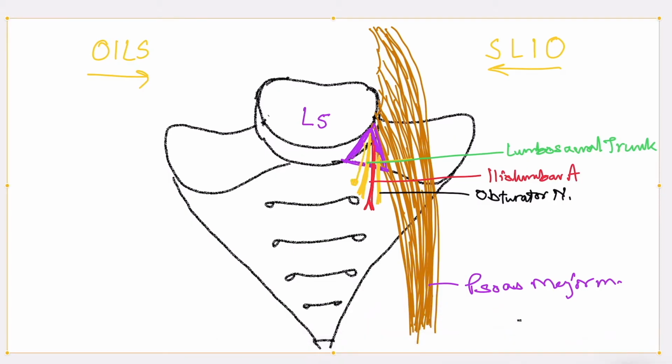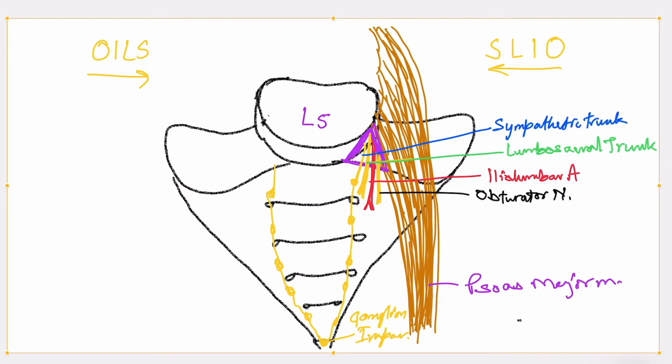The sympathetic chain has a beaded ganglion at the level of each of these vertebrae, and it descends down at the level of coccyx from both the sides. It's like this, and down below it forms this ganglion impar in front of the coccyx. This one is sympathetic trunk or sympathetic chain.